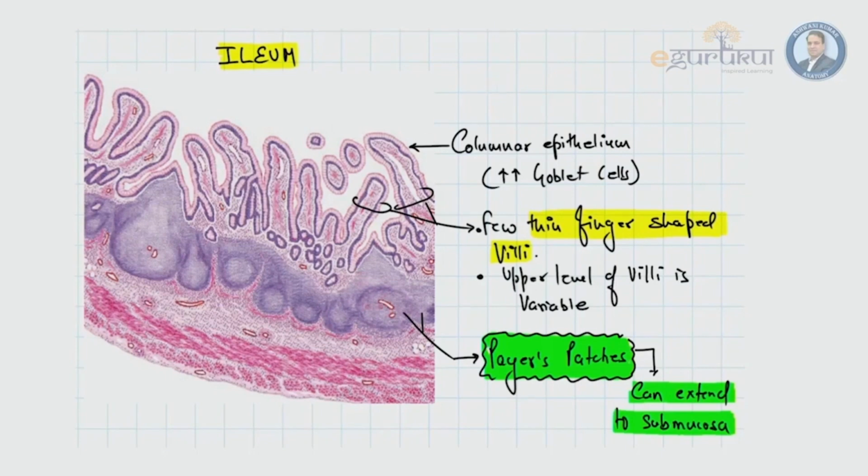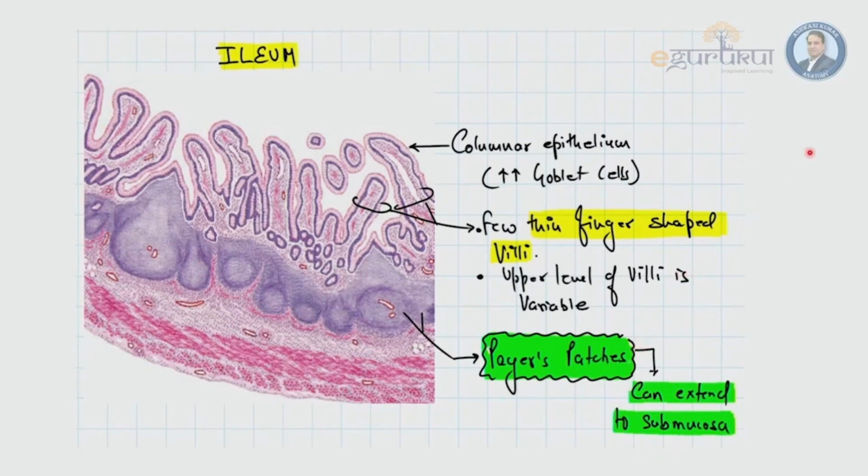And the most important thing to be seen here, guys: we said the gut-associated lymphoid tissue is present in lamina propria. Look at these lymphatic nodules here, which are called Peyer's patches. They are even distorting the muscularis mucosa and extending into the submucosa as well.